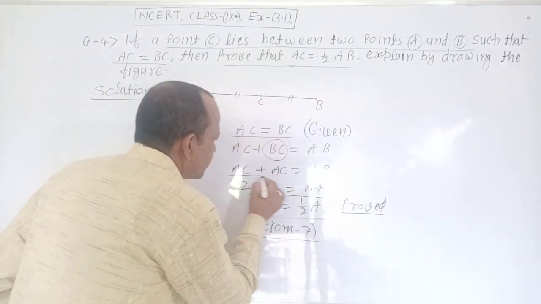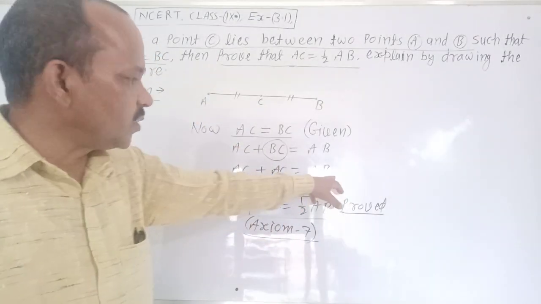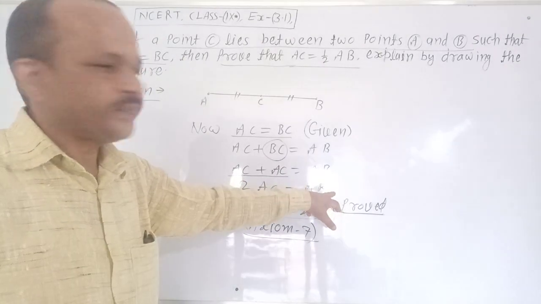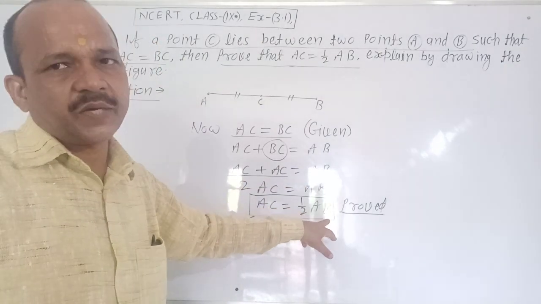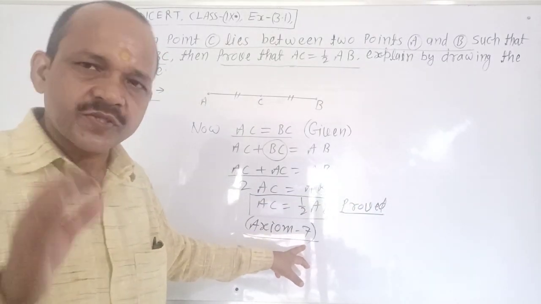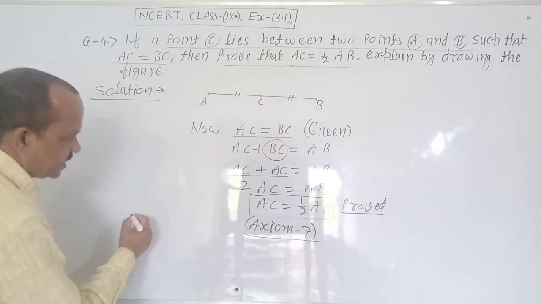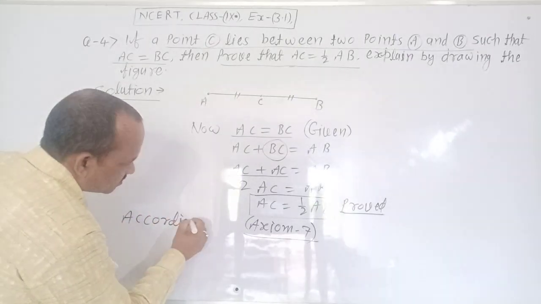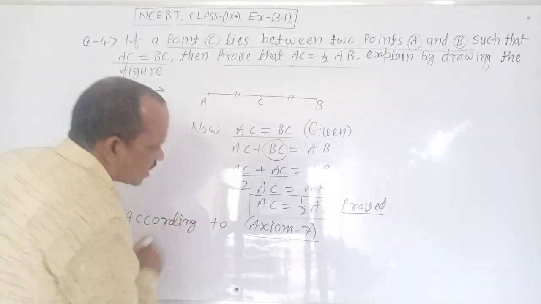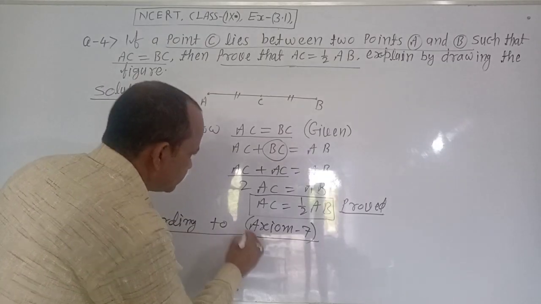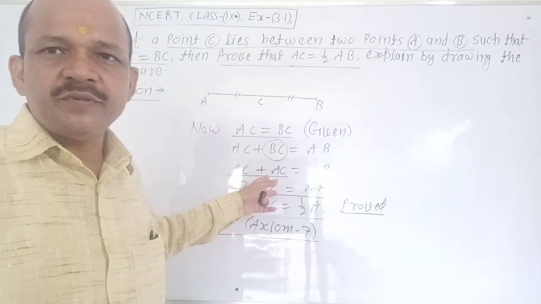AC plus AC equal to AB. It becomes 2AC equal to AB. AC equal to half AB. Proved. According to axiom 7. It is clear? No confusion about it?